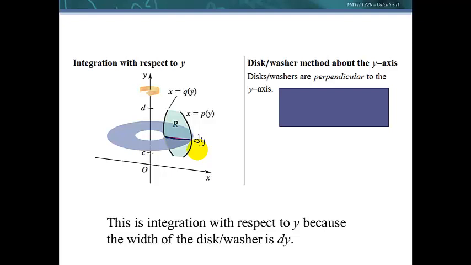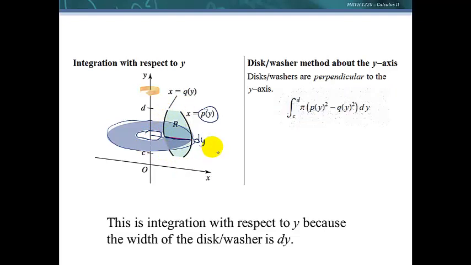So as I look at the area of the big disk, that's pi times this x value here, which is p of y squared, and then subtract off the area of the hole, which is pi times q of y squared, and then multiply by our little thickness dy. And we were integrating here from c to d.